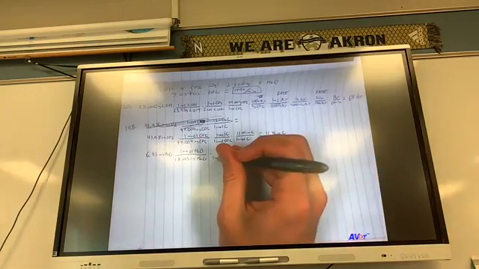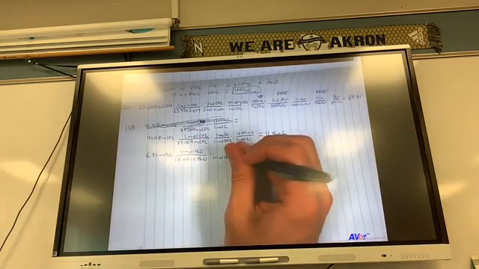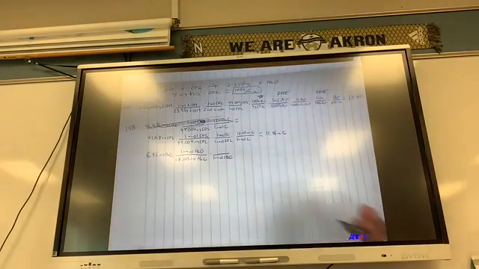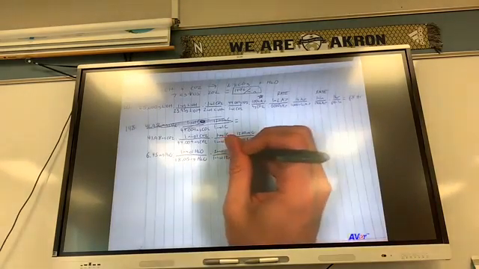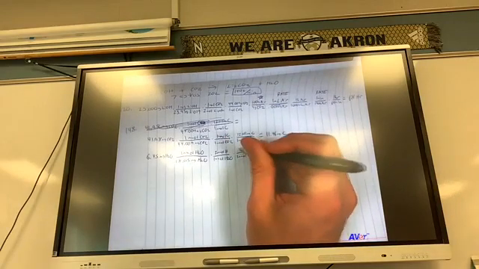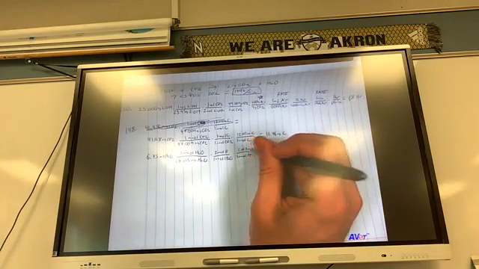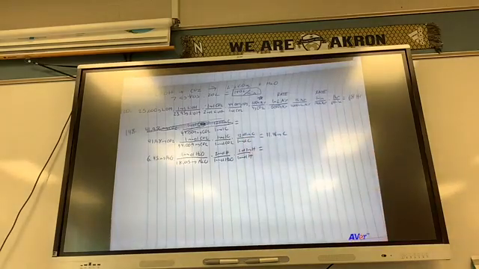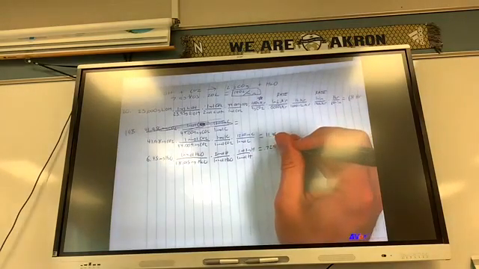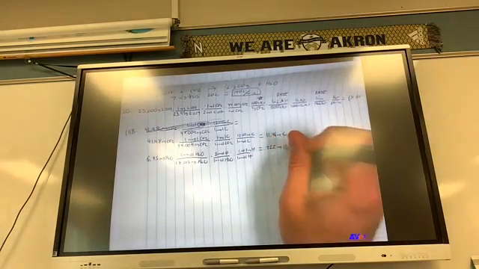And 1 millimole of H2O has how many millimoles of H? 2. 2 millimoles of H, and every 1 millimole of H is 1.008 milligrams of H, which should give you 0.722 milligrams of H.